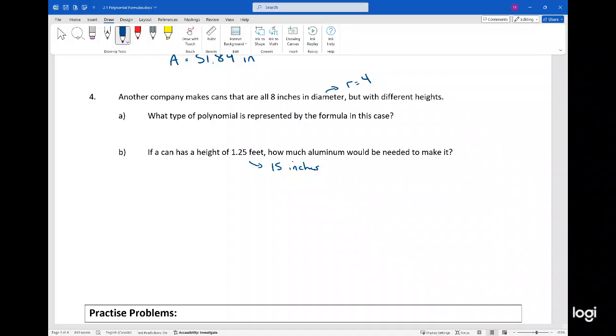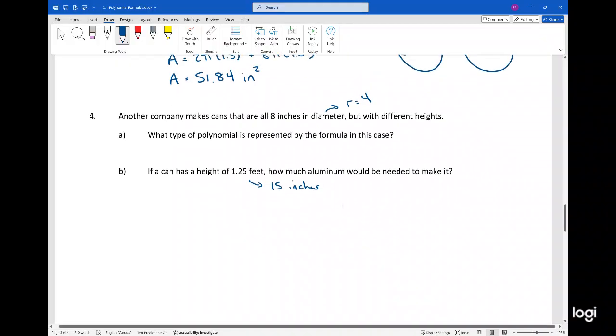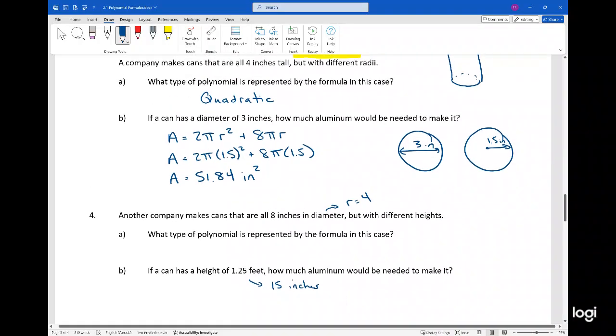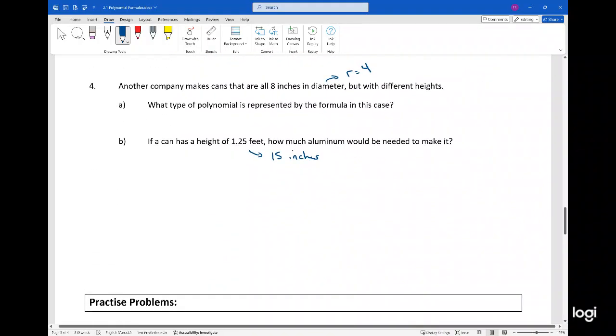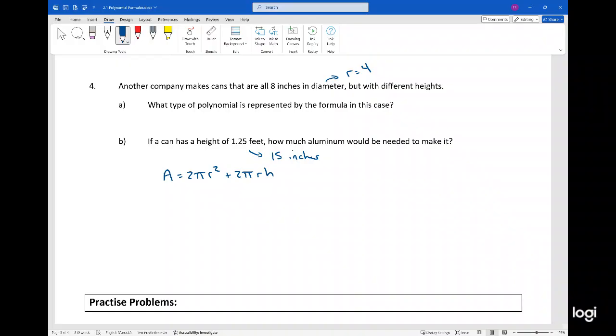Okay, so our formula, if I go back up here, we had 2 pi r squared plus 2 pi r h. And this time we're told that all of our radiuses are going to be 4.